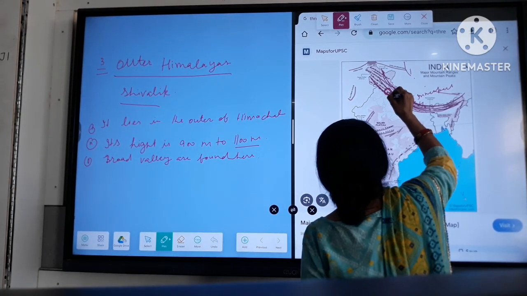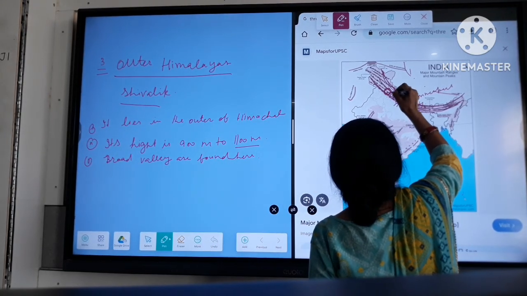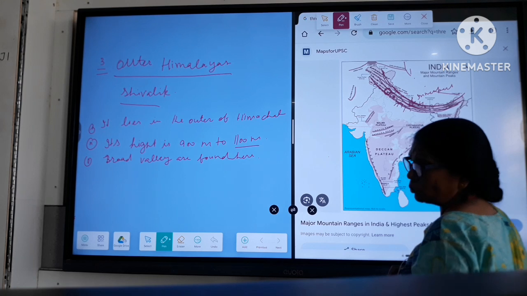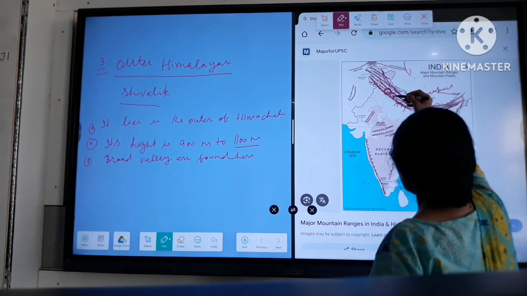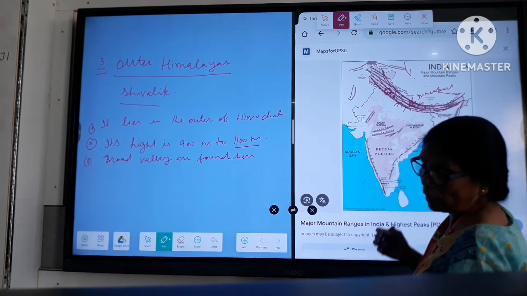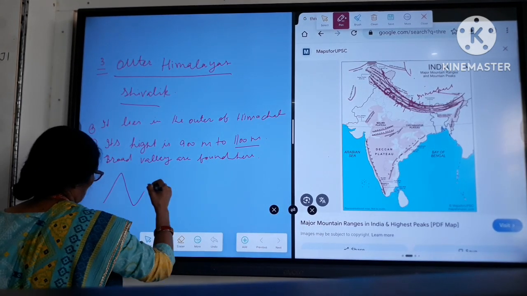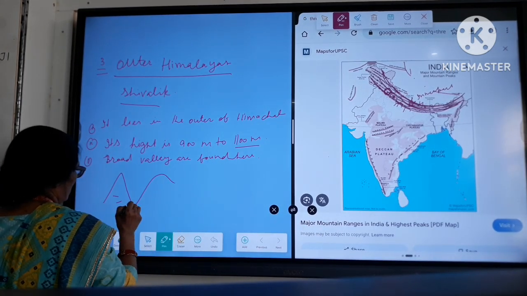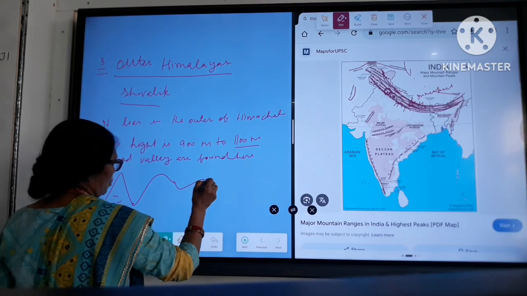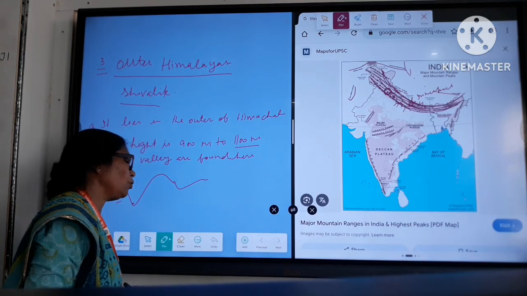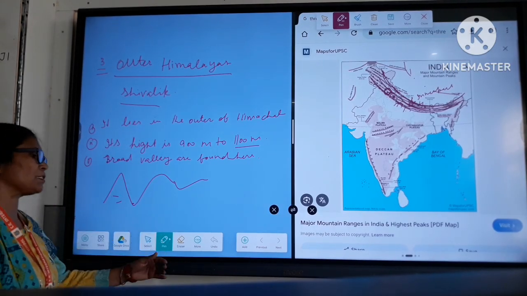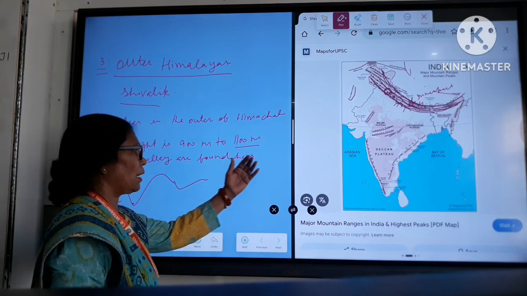In this range, Dehradun, Patlidun, many valleys and many dunes. Valleys are of these types. These are valleys and these are the dunes. Okay? Dune, यहाँ पर dense forest and wildlife lies here.